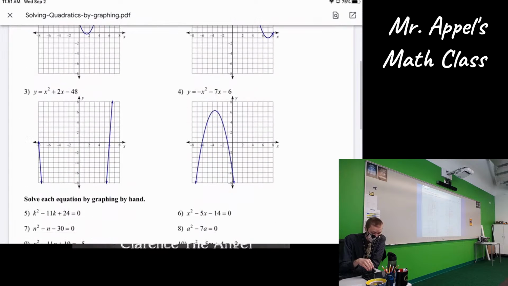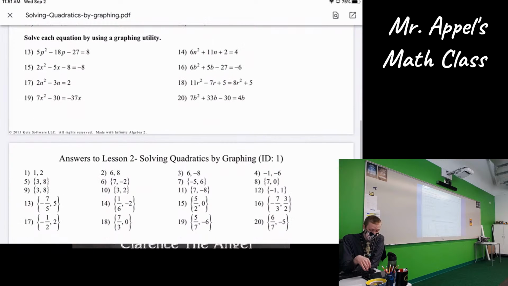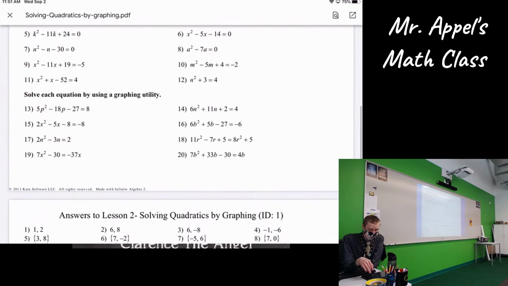That's fine. But then these, I know the directions say graph by hand. Don't do that. Don't graph them by hand. Do them all with the calculator. Practice using that calculator. This is both quadratic practice and TI-84 practice for you. And I believe you can check your solutions there.